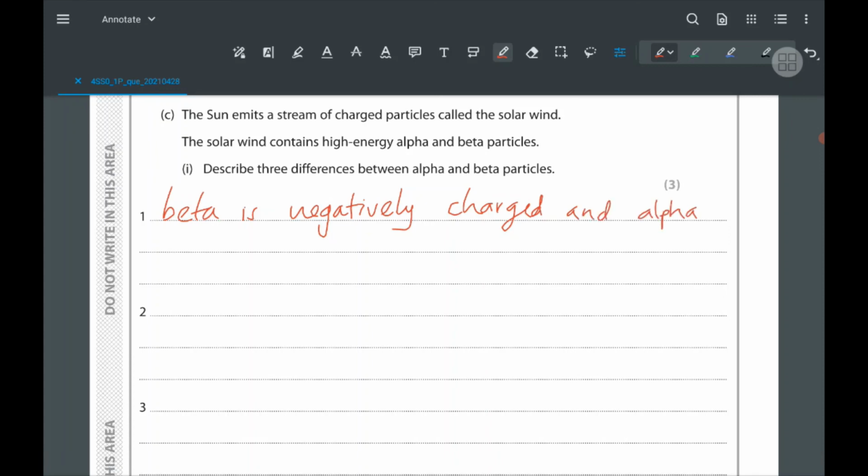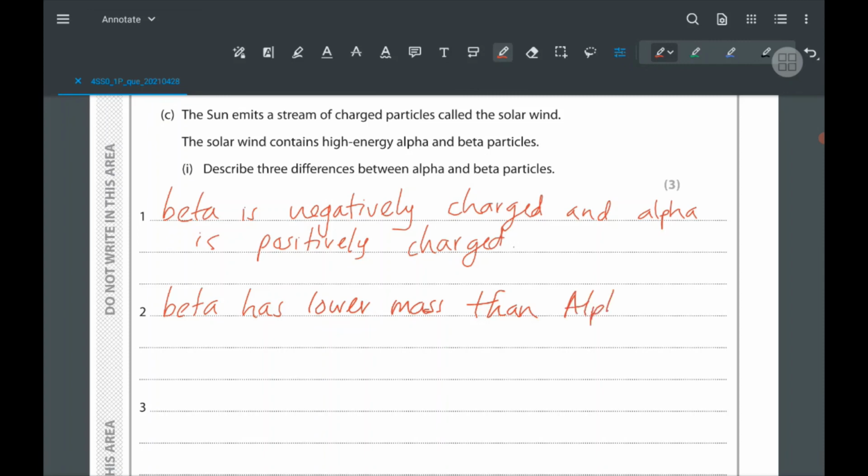You have to talk about both of them, since we are talking about the difference. As a second point, we can say beta has a lower mass than alpha, because beta is only an electron. Then we can say beta has 1 charge but alpha has 2 charges.